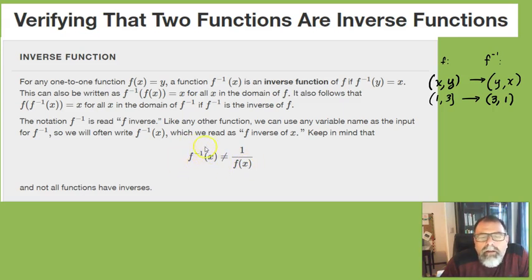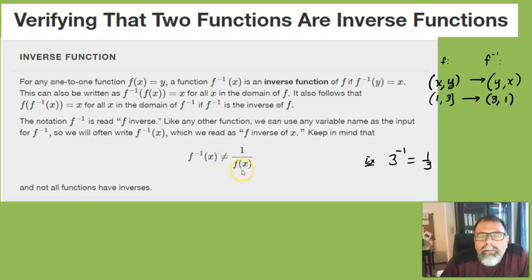So in negative exponents, we know that if I was doing numbers, like 3 to the negative 1 power, that's equal to 1/3. But for function notation, this is not negative 1 power, it's f inverse, which is different than 1 divided by f of x.